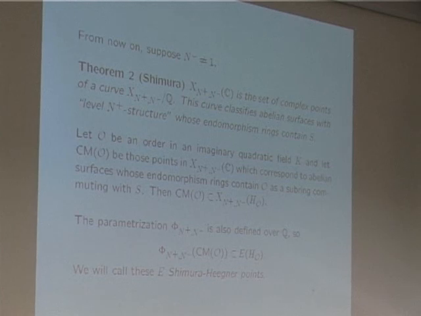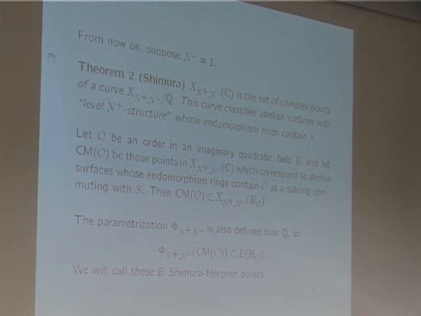So if we let O be an order in an imaginary quadratic field, and we let CM(O) be those points on this Shimura curve which correspond to abelian surfaces whose endomorphism ring contains O as a subring commuting with S. So you have O tensored with S injecting into the endomorphism ring of this elliptic curve. What the CM theory on the Shimura curve shows is that this set CM(O) is actually contained in the points of X(N plus, N minus) which are defined over the ring class field attached to O, exactly as in the classical case.